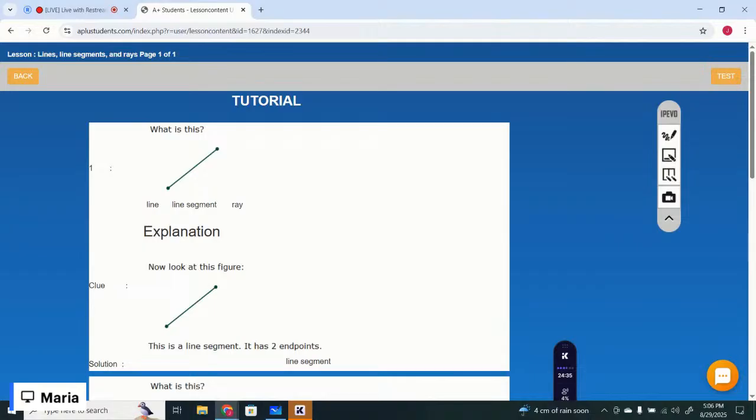What is this line, line segment, and ray? This is a line segment. It has two endpoints. So this is a line segment.